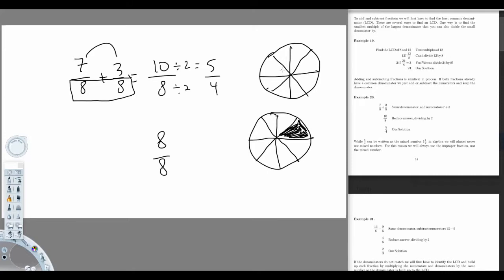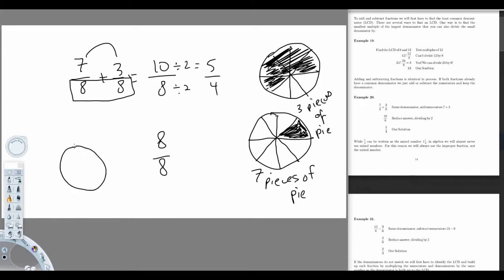And 3 over 8 is really, so this is 7 pieces of pi, and this is 3 pieces of pi. So if we were to add those pieces of pi together, we would get one complete pi, right?